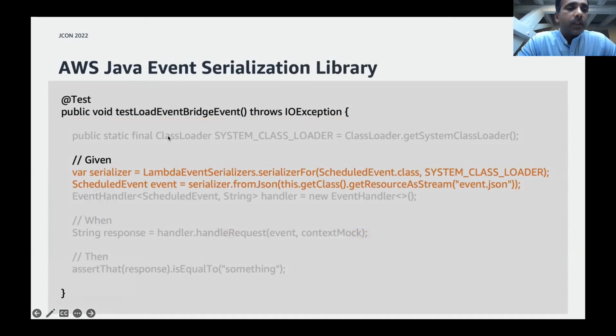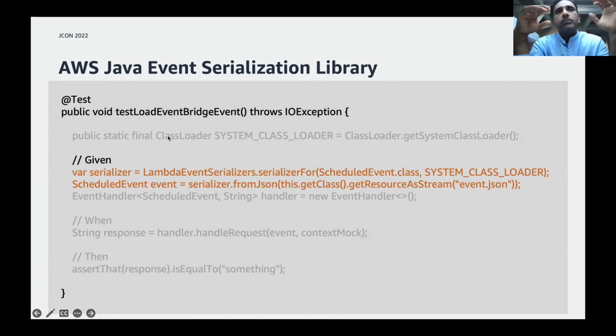Then we have the AWS Java Event Serialization Library. That's actually very neat when it comes to using different events, right? I talked about the 60 different event types. What you can do is put your different events in your test resource folder, load them from there, and then invoke your Lambda handler with that.